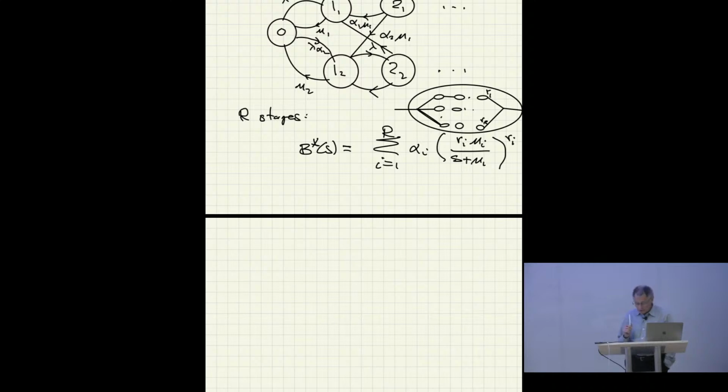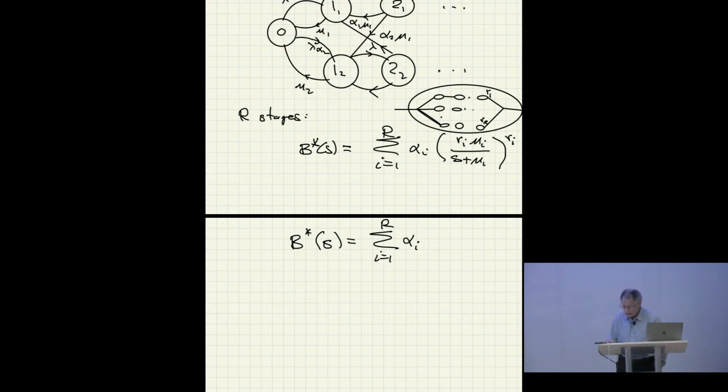Now, we could do it a little more general. We need not have insisted that every one of these have the same service rate, mu1. We could have made each one of those different. Really a generality, okay? And if we did that, we can write the B star of S. It's always easy to do. It's equal to the sum again over R parallel stages, i equals 1 to capital R, of a choice alpha i, and then what's the time in each one?